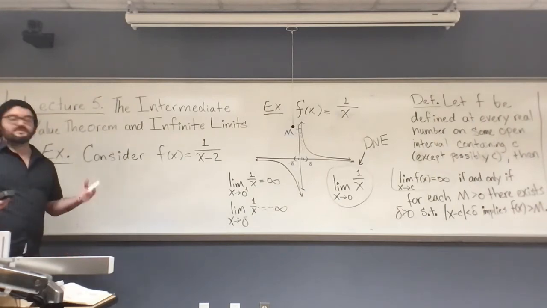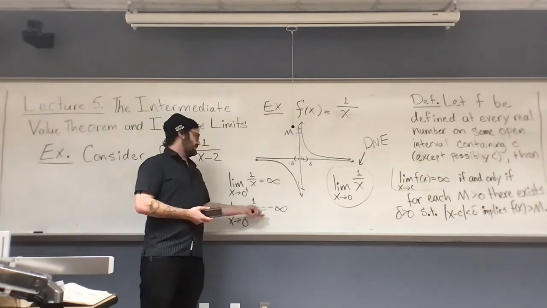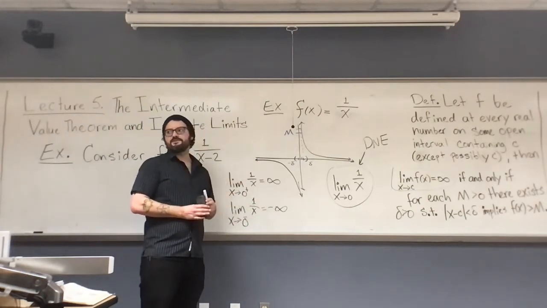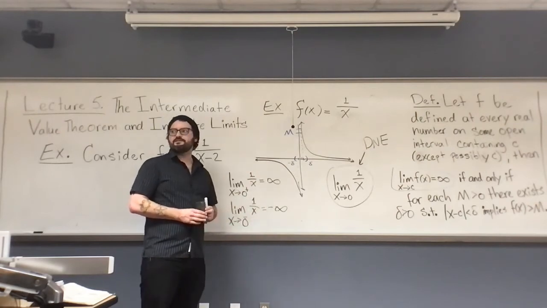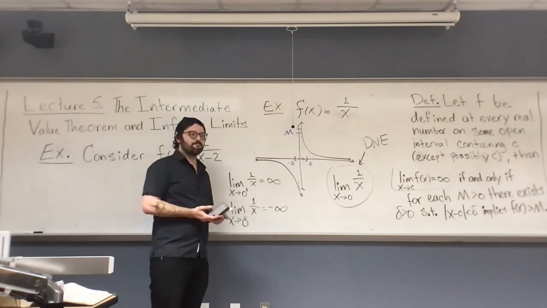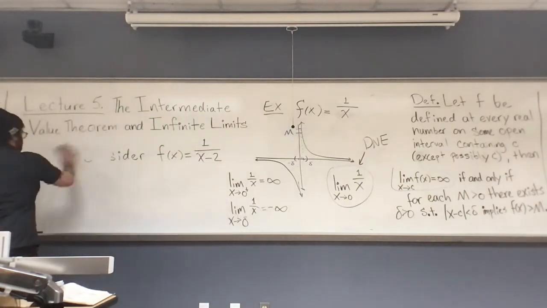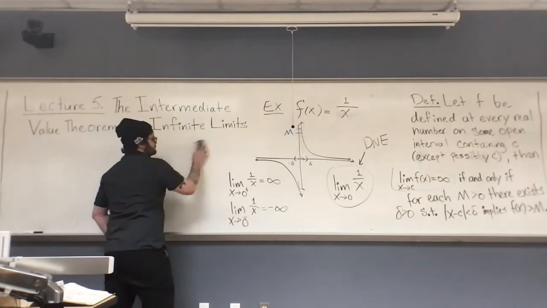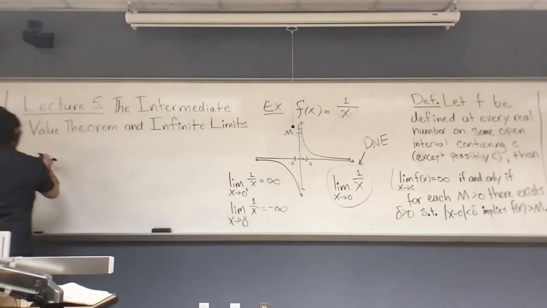Whenever we're heading towards infinity, in all of these cases, it's almost like we're defining an asymptote at x equals c, whatever the c may be. And that's the next definition. Okay, so definition.